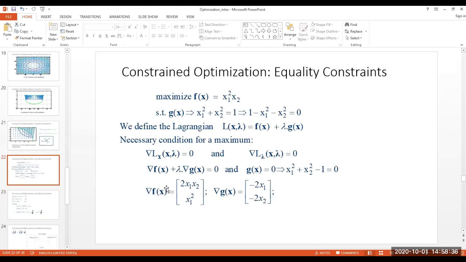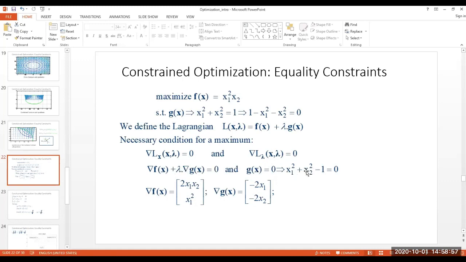These are the two equations coming out from the first condition. The other condition would return the constraint equation. So we would have 3 equations: 2 out of this, and the third equation, this one.